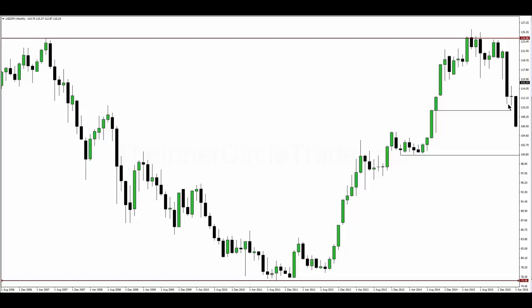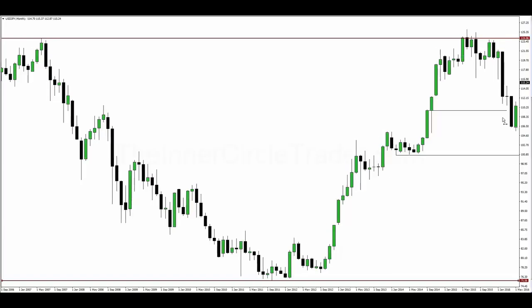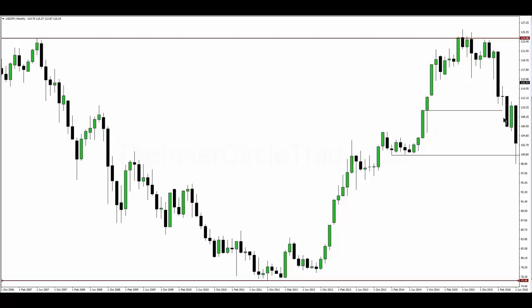Okay, and price trades here, stalls a little bit and goes right through it. It comes back and retests that same level in here, and it ultimately comes down and clears out these equal lows. Now, what I want you to look for at this moment is, where is the next level of liquidity?